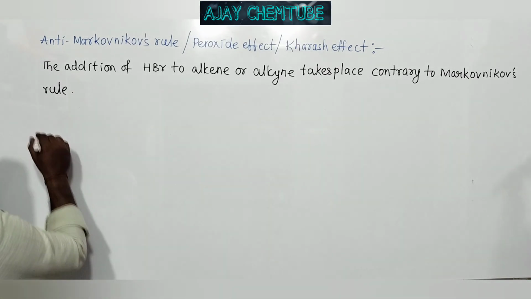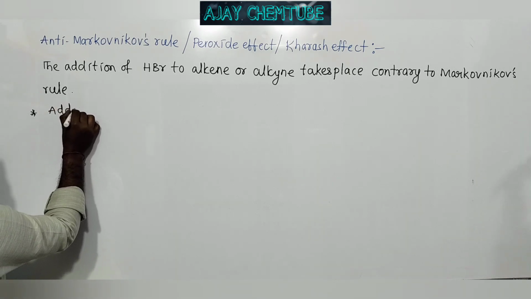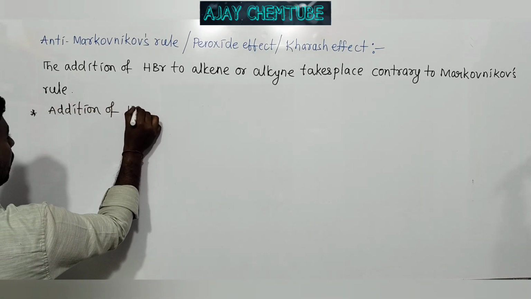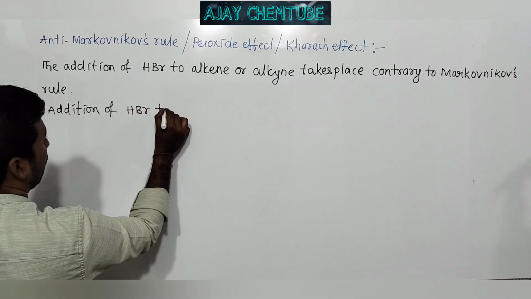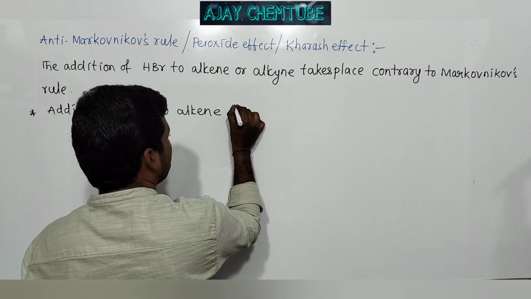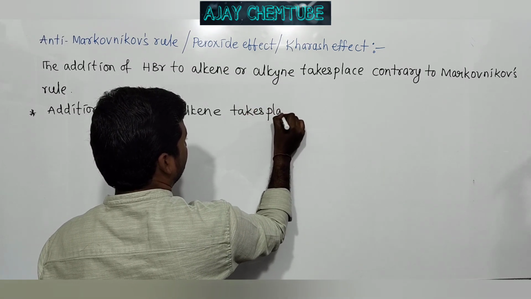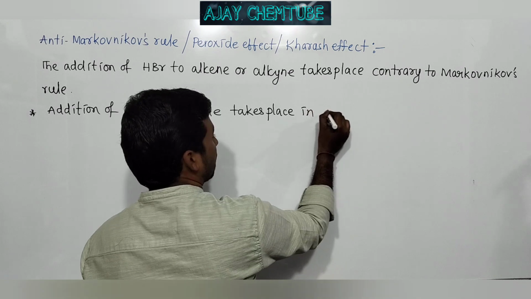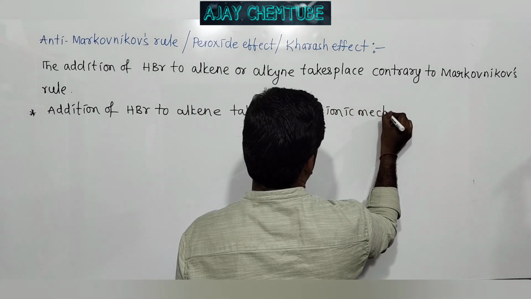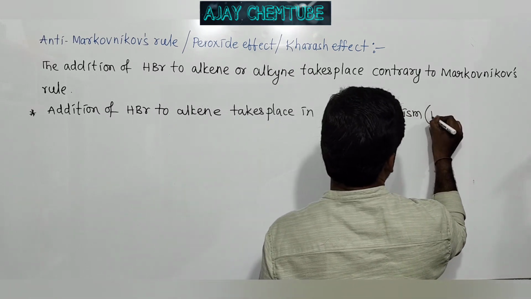Addition of hydrogen bromide to alkene takes place in an ionic mechanism. That is Markovnikov's rule.